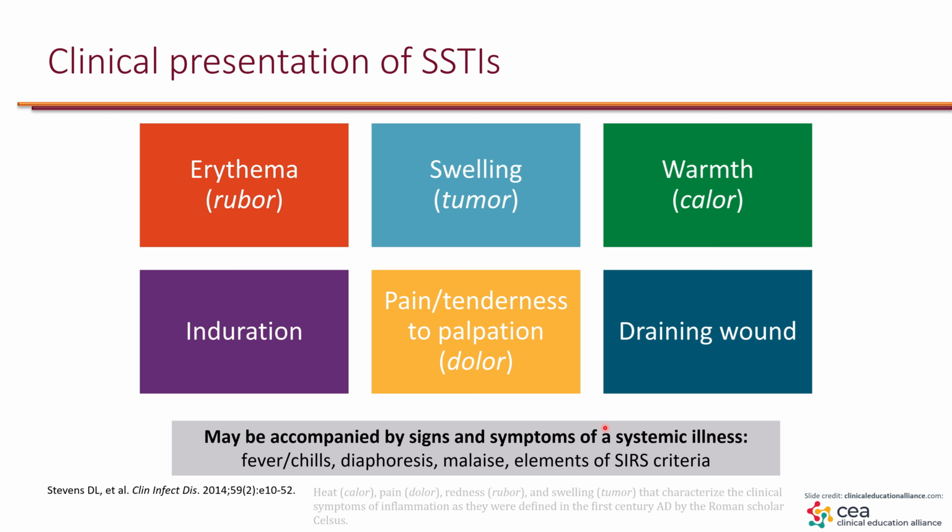And they may be accompanied by signs and symptoms of a systemic illness. For example, depending on the severity, there may be fever and chills, diaphoresis, malaise, or elements of SIRS criteria. And we will use these when we select treatment to label some of these as mild, moderate, or severe, which I will discuss when I go over treatment.